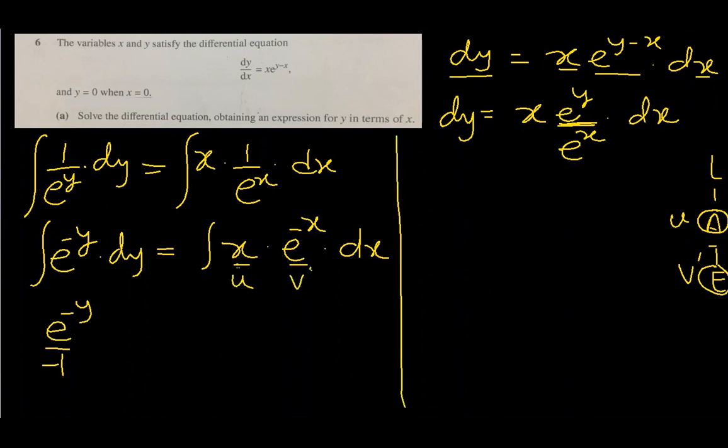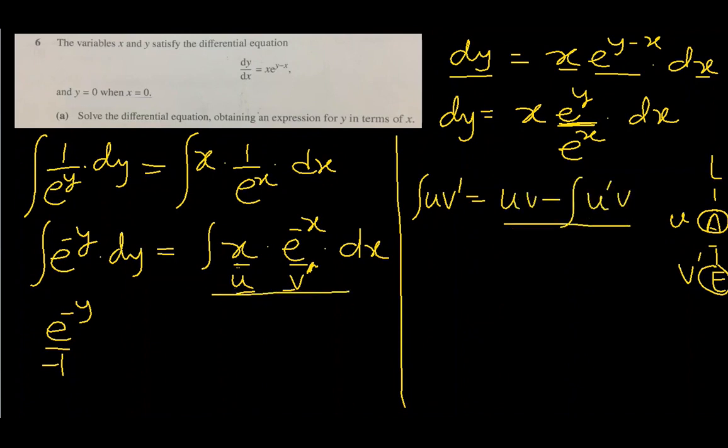We know that integration of u v prime is equal to uv minus integration of u prime v. So in place of this, we can write this. Let me do it on the right side and then I'll come back to our main solution.